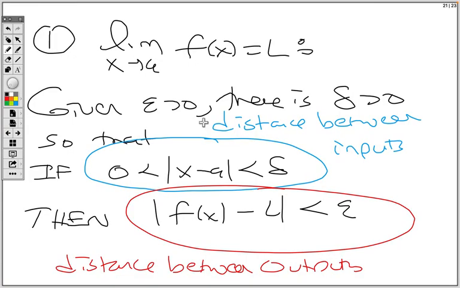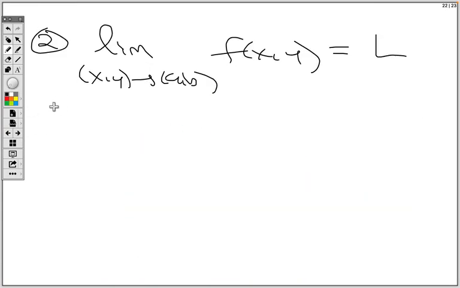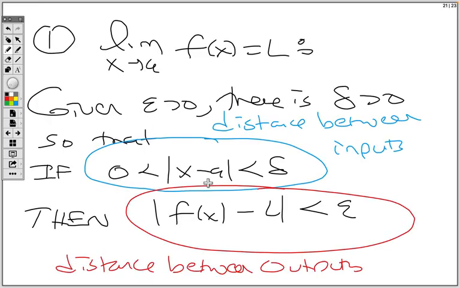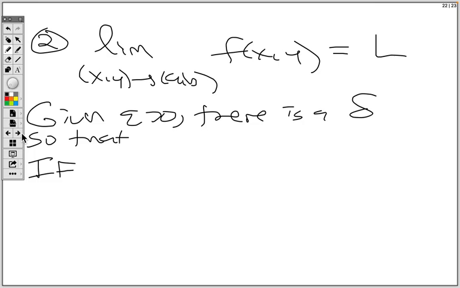Given epsilon greater than 0, there is a delta so that if the distance between inputs is small enough, how small? Less than delta. Here, the distance between inputs is the distance between these points in the plane.